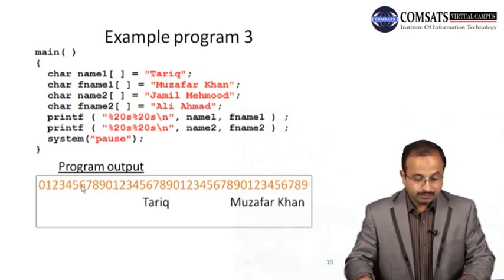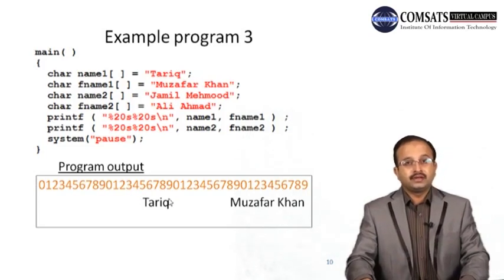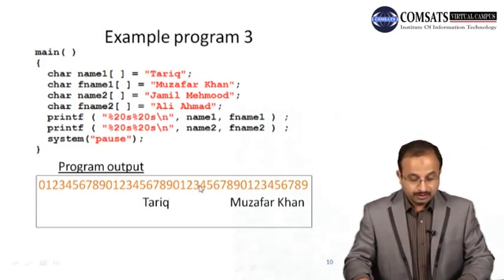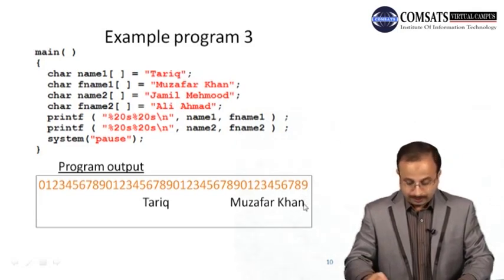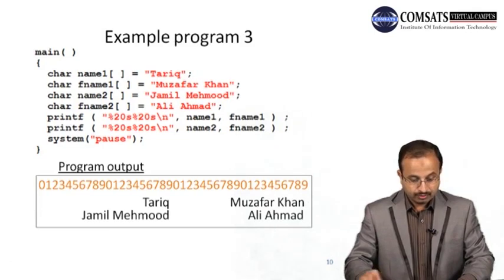This is space for the name 0 to this 9 and here the name will be right justified. Similarly this is the space for 20 letters, that is space for the father name, and the father name is also right justified, and so on.